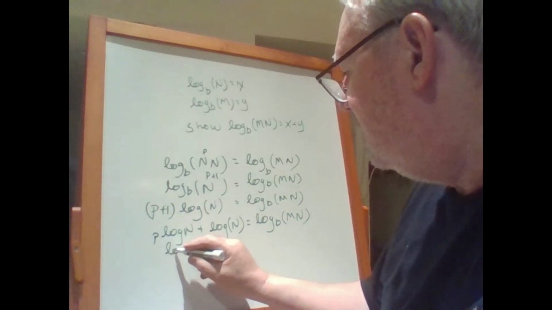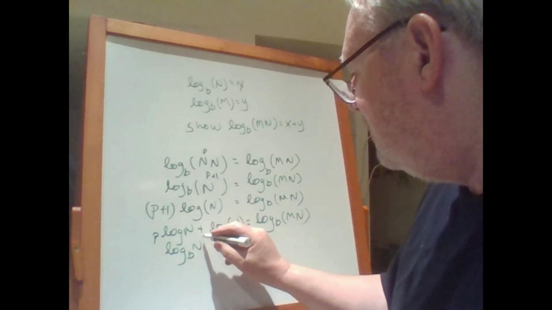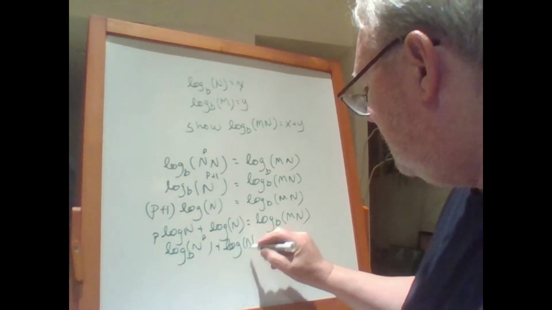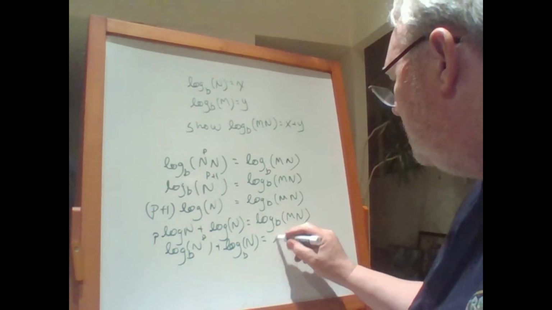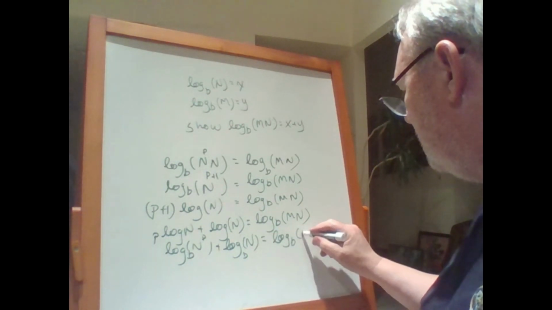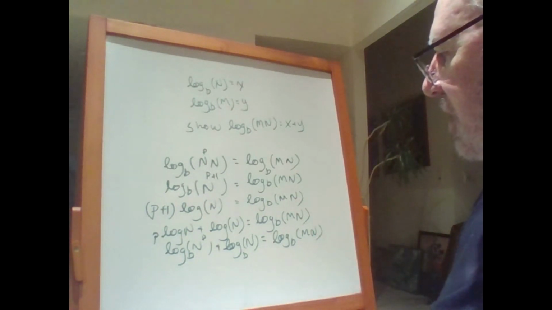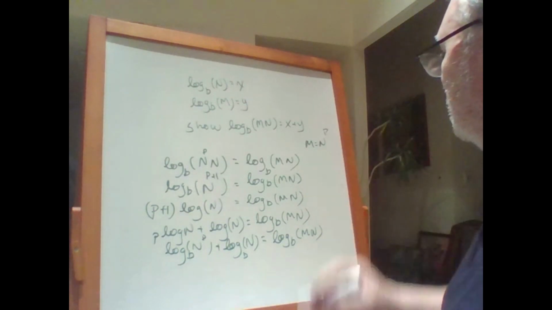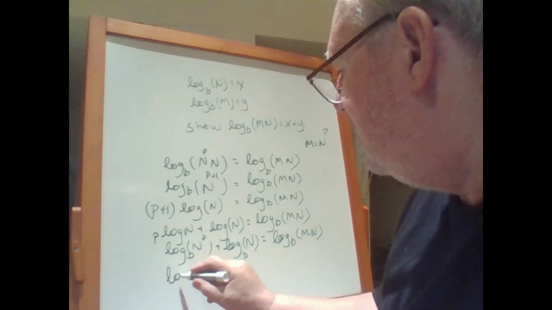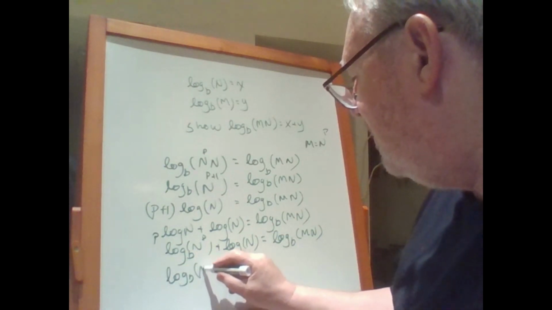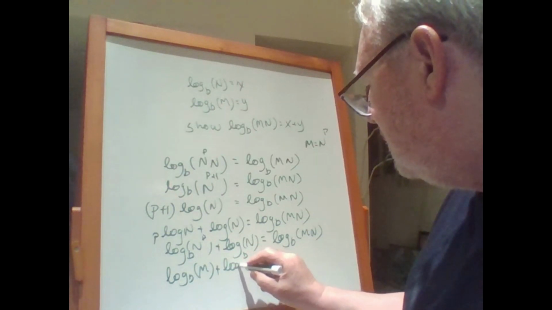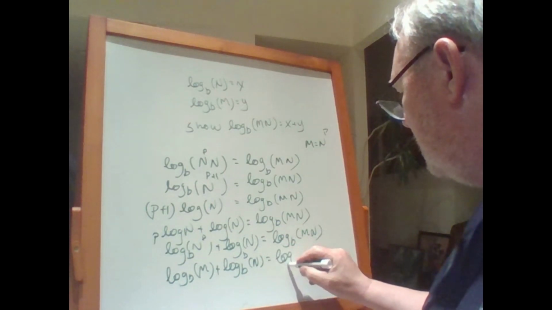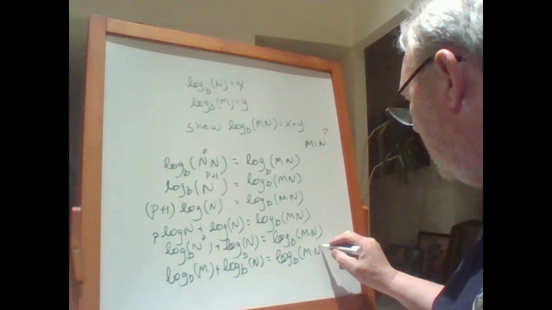This is log base b of n to the p plus log of n base b equals log base b of m n. But n to the p, remember m equals n to the p. So that is log b of m plus log b of n equals log b of m times n.